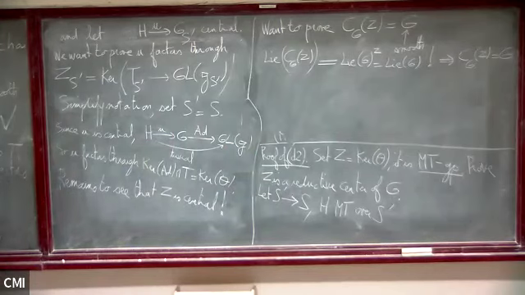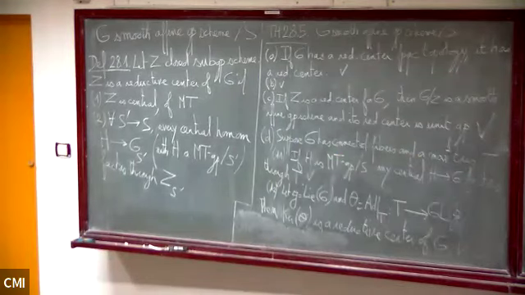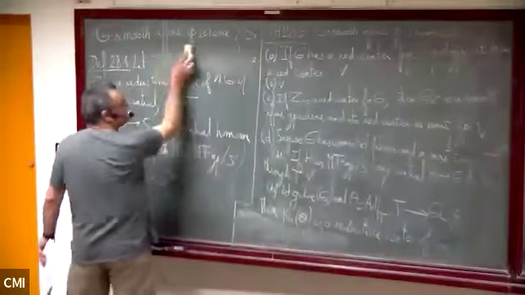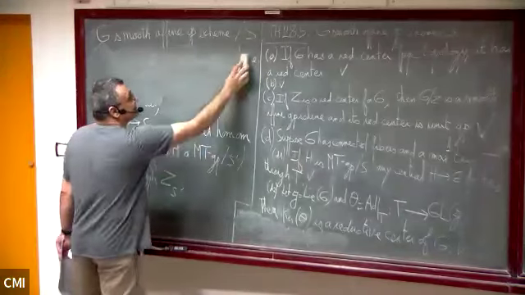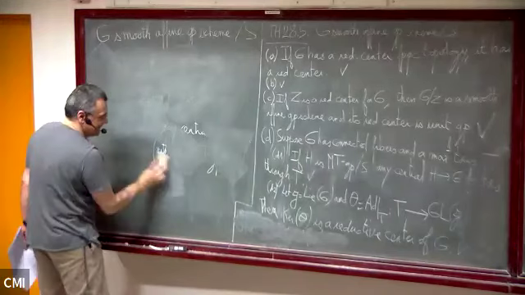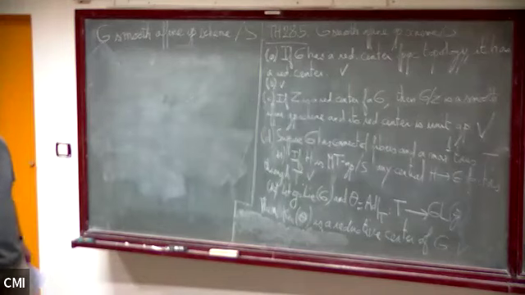So we have proved this, and I will now write just the last statement of the theorem. Then I will give you a consequence of the theorem, and then you will understand why this theorem is important.